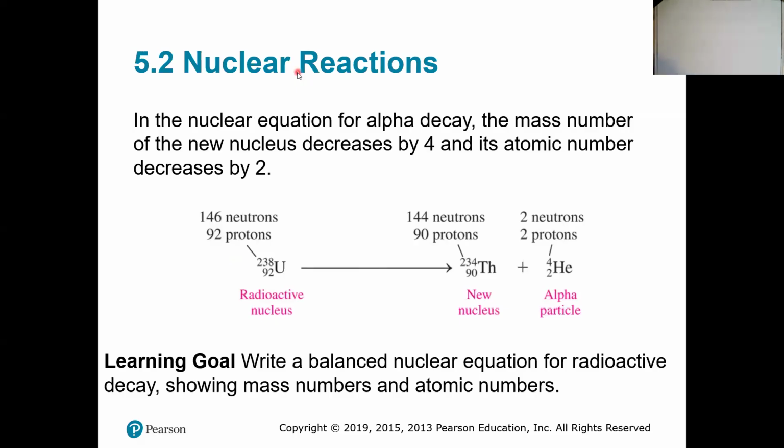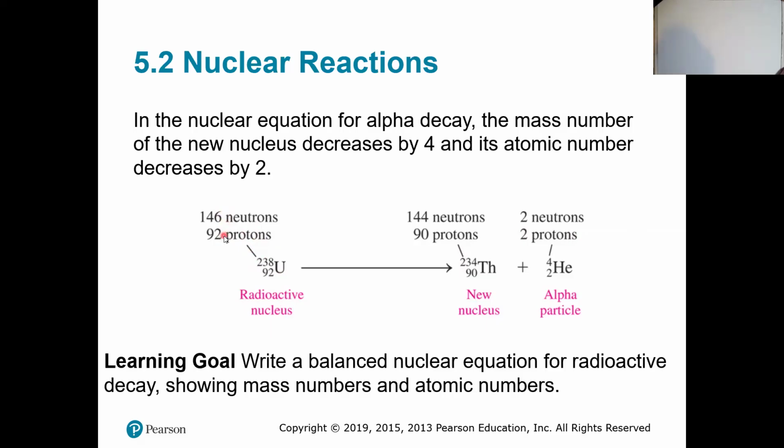So let's look at some nuclear reactions. These are the way that we're going to represent the decay processes that are happening. In each of these nuclear reactions, we're going to have our reactants on the left side and our products on the right side. Our reactants, which we can also call our parent isotope, have a mass number and an atomic number.